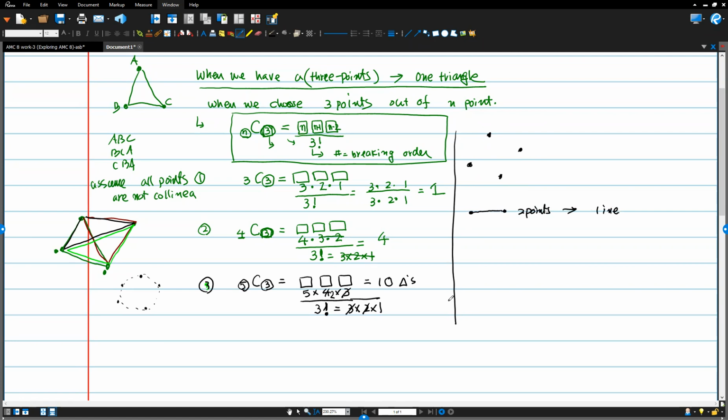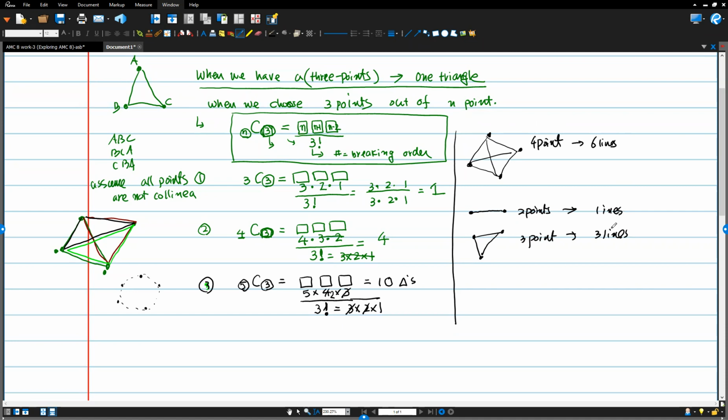If you have 3 points, how many lines? 1, 2, 3. Okay, 3 points make 3 lines. 4 points, this is 4 points, I'll make a line. 1, 2, 3, 4, 5, 6. 6 lines.